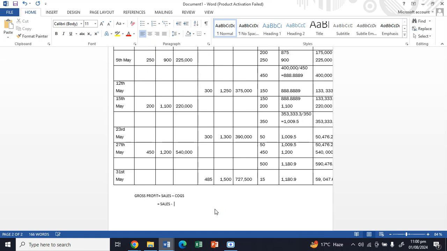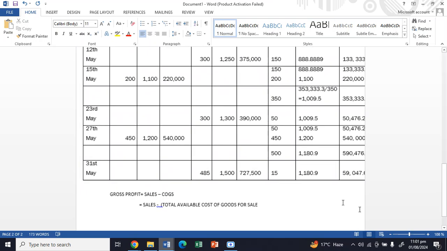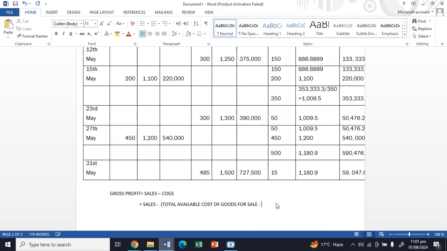Cost of goods sold, the way you get it is you have to find the total available cost of goods for sale. Basically, all the goods that you had, which you are ready to sell, minus closing inventory.